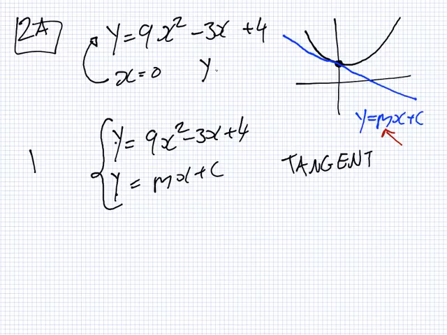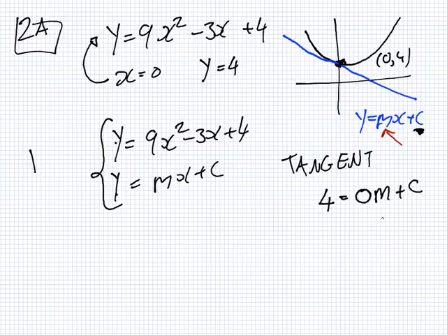What's the y? 4. And because I know the x and the y, what can I find here? C. So 4 equals 0 m plus c, so c equals 4. Now it's okay if you still have an m in the answer. You just leave m in the answer.